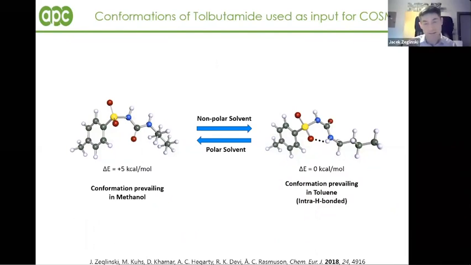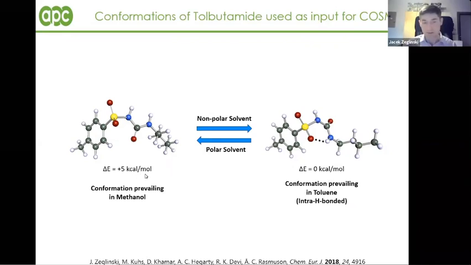And when we handle molecules which are larger and more flexible, the challenge probably increases. And we have another case study we were exploring, which is tolbutamide. Tolbutamide is very interesting from this perspective because it forms an intramolecular hydrogen bond, which is quite distinct in terms of energy.